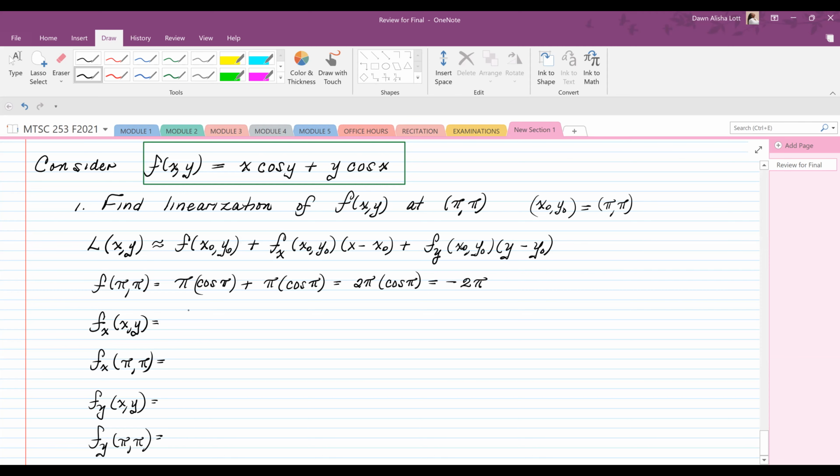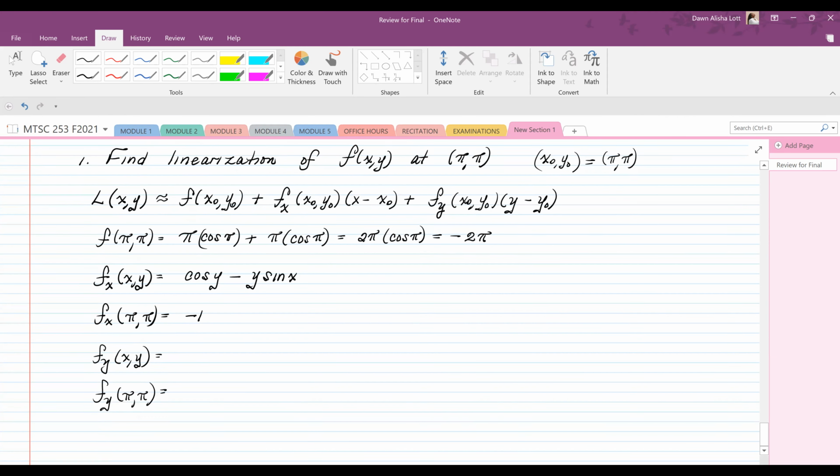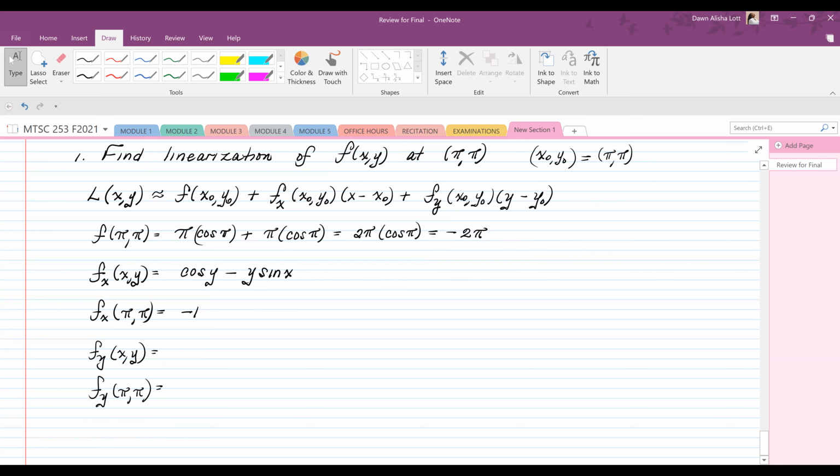What's f sub x? Cosine y minus y sine x. Okay. And so what's f sub x at pi, pi? Cosine pi, which is -1, minus pi times 0, so it's -1.